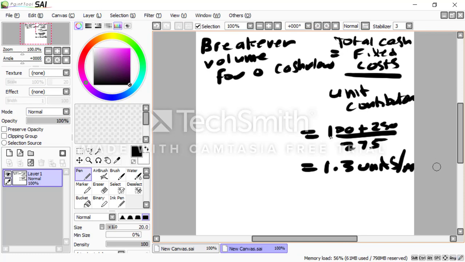So 1.3 units per month is needed to break even for zero cash flow.